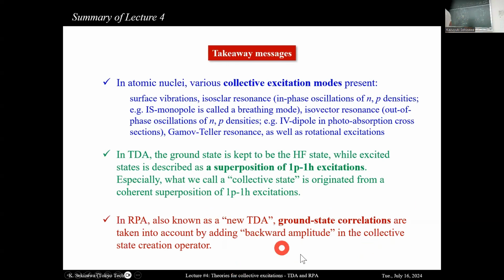By adding the backward amplitude to the creation operator of the phonon operator in the TDA, we could derive the RPA equations. Those are the important basic frameworks to describe collective excitations in finite nuclei.